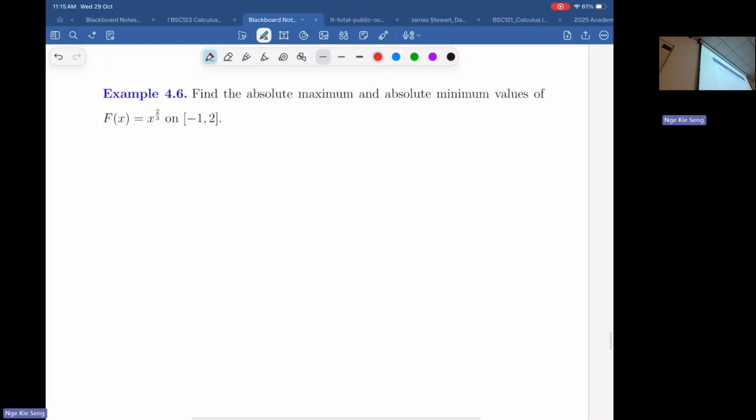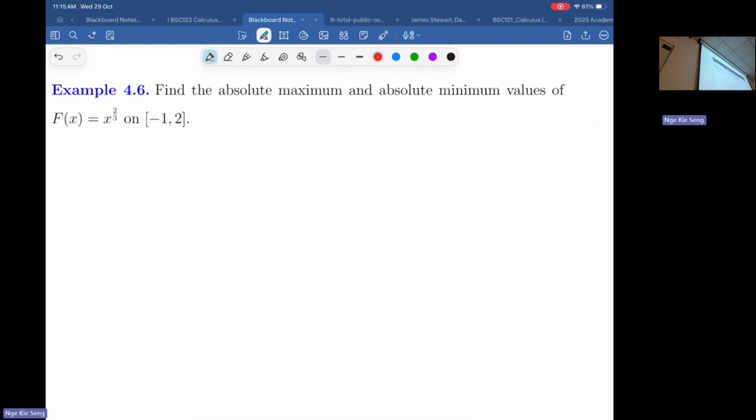Okay, how about this power function here? Is this power function continuous or not? It should be continuous on this region, -1 to 2. Similar idea, so let's check when f prime is 0. This is 0 when 2 over 3 times the cube root of x is 0. There's no such point.